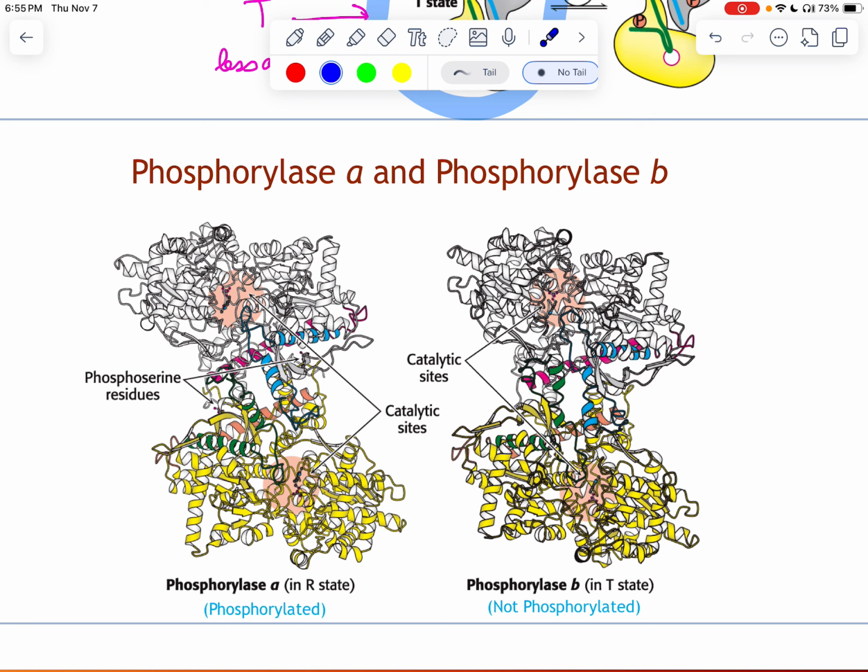And it's hard to say, but if you look, this is more open than this. Notice how that pink area is kind of more covered up by all of the enzyme protein. Same down here. Okay, hence why A is the more active version, that this phosphorylated A in the R state is more active because those active sites are more open.